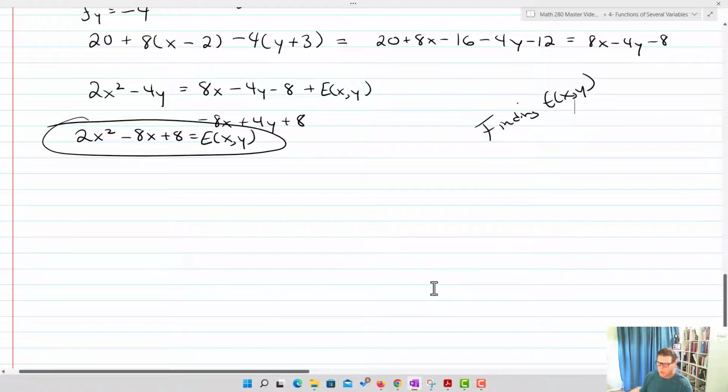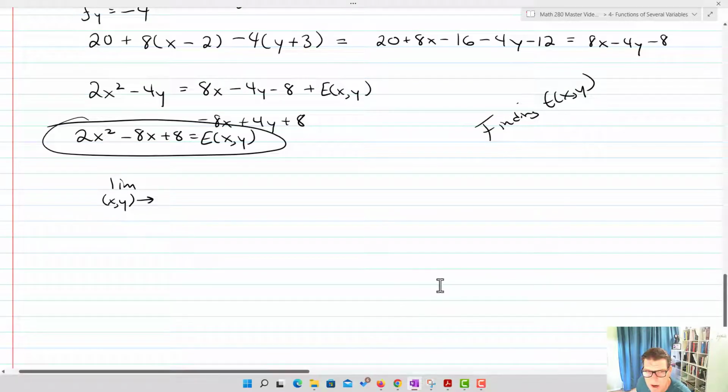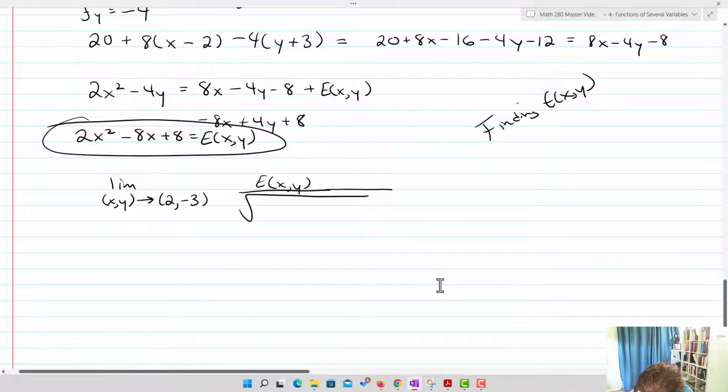So I got the limit as (x, y) approaches (x naught, y naught), which is (2, -3), of e of xy divided by the square root of (x - 2) squared plus (y + 3) squared, because that's x naught, that's y naught.